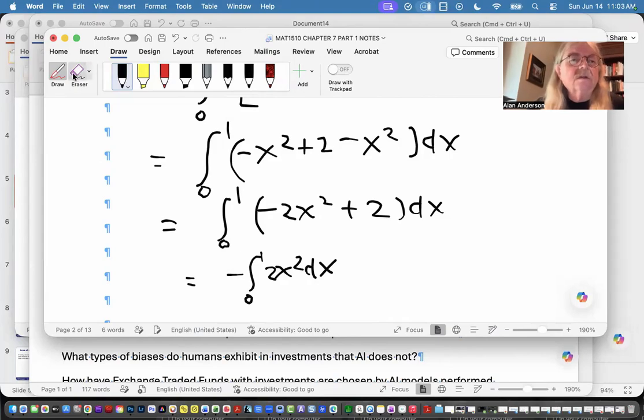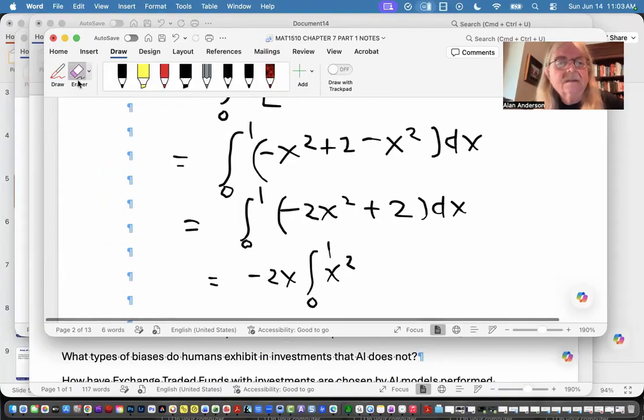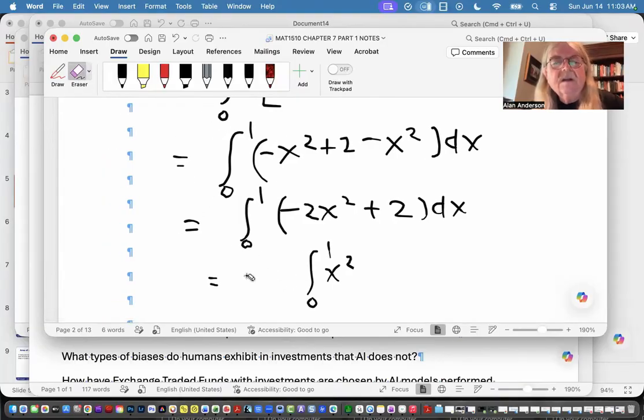Actually, let's call this one. Hold on. Let's factor out the negative 2x. Oh, no, no, no. The 2, sorry. Not the 2x, the 2. All right, let's try that again. We're going to factor out the constant negative 2. And then here we'll simply have 2 dx.